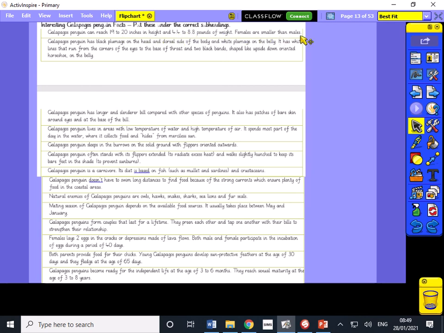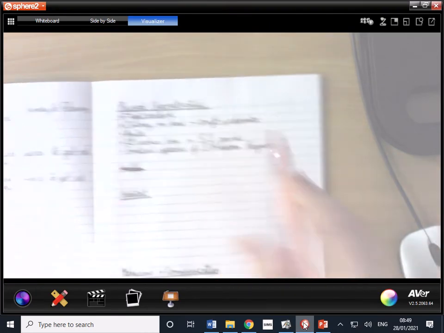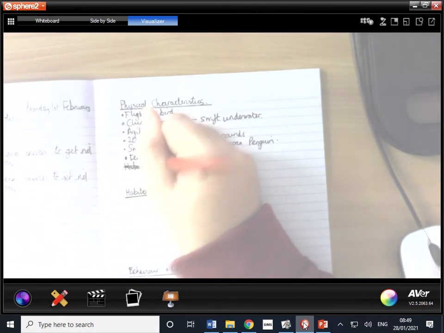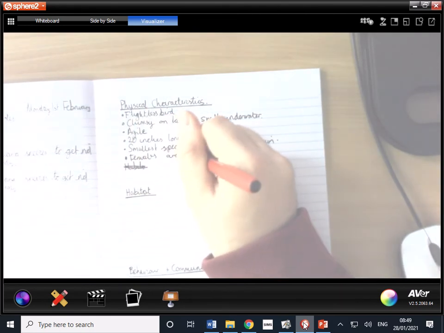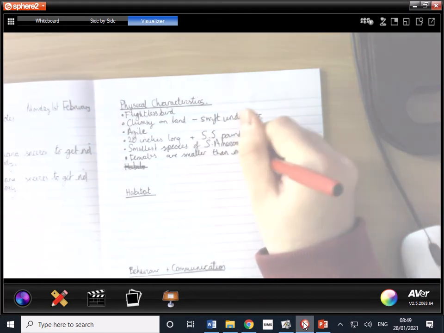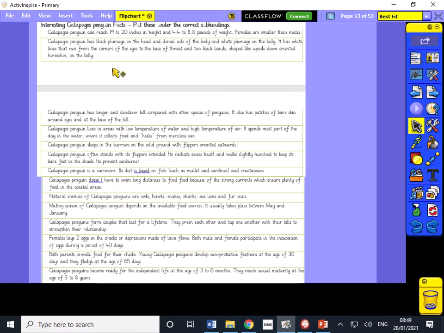Females are smaller than males. Now this is talking about physical characteristics. So what I would do, I already know how long they get and how heavy they are, but then I might add to that, females are smaller than males. So you're adding to each section and adding a little bit more detail, or adding extra information rather.